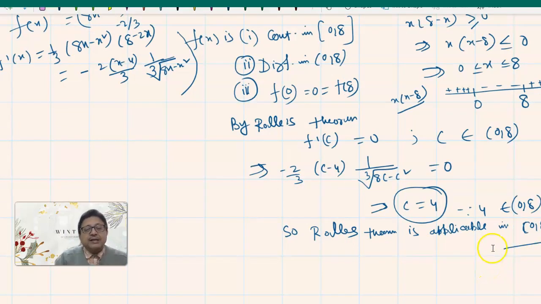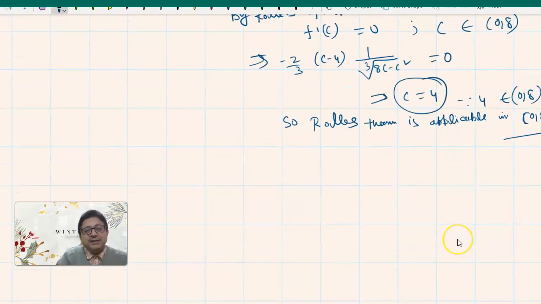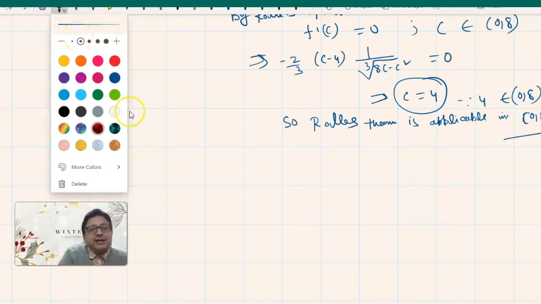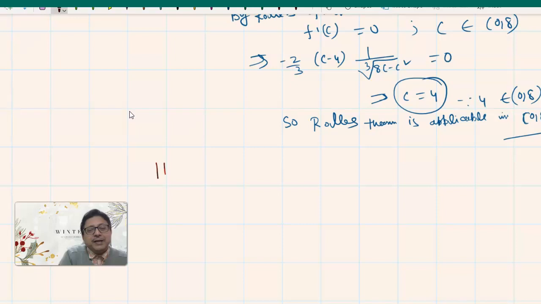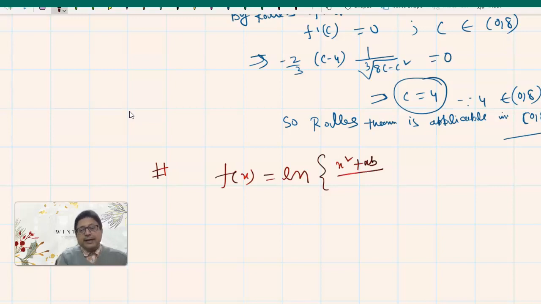Let us see another problem here, and it's a very good sum. We'll decide its continuity, differentiability, everything by using the concept of the log function, that is f(x) equals ln of (x square plus ab) divided by x into (a plus b).